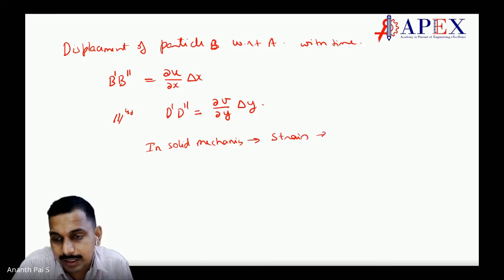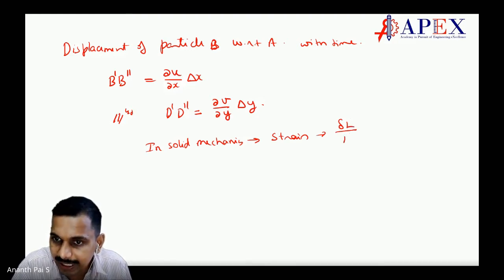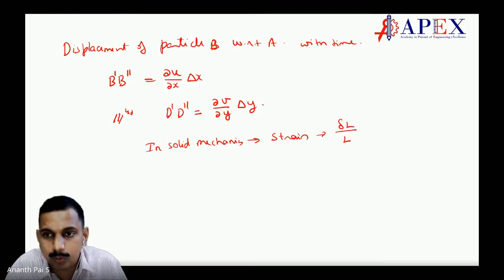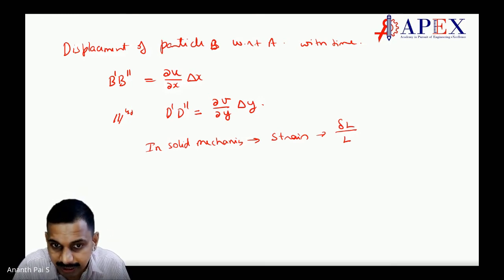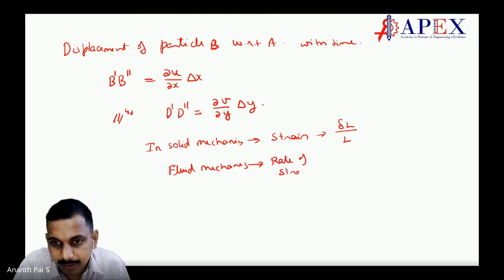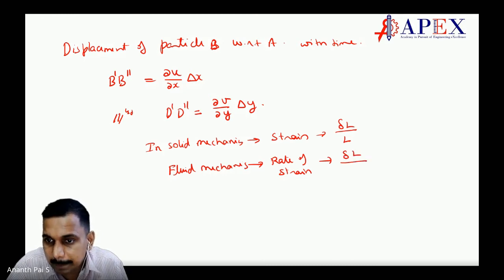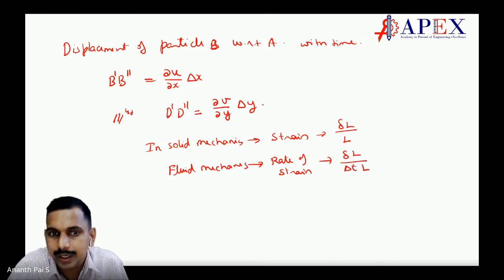Strain is delta X by X, or change in length by original length, delta L by L. But in fluid mechanics, what we are worried about is the rate of strain. What is rate of strain? It is delta L by delta T into L.